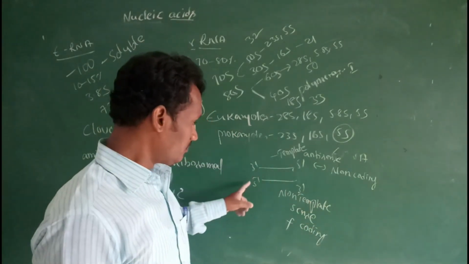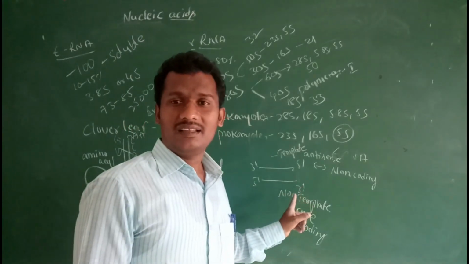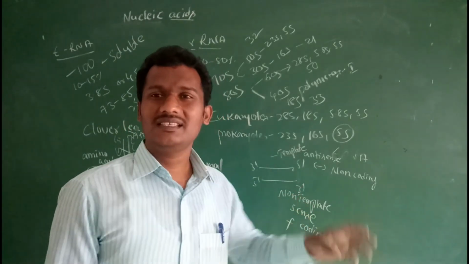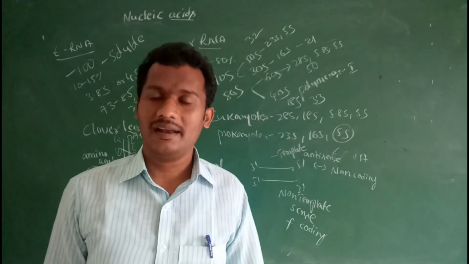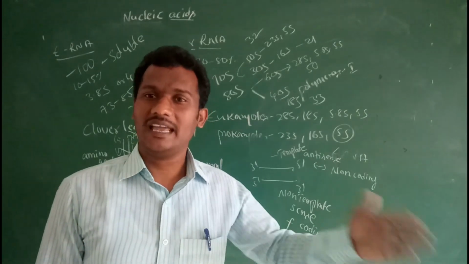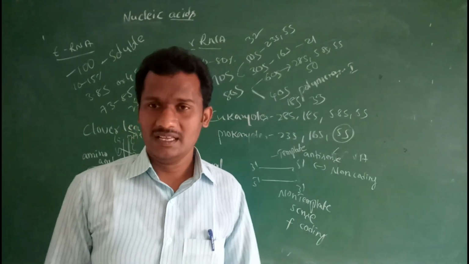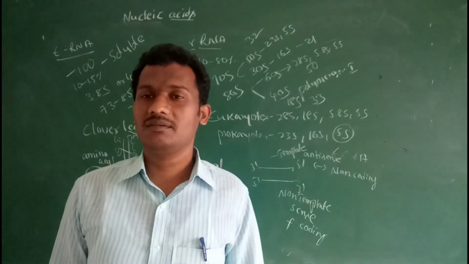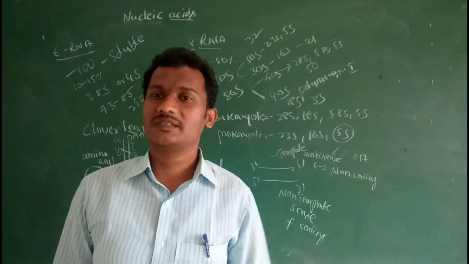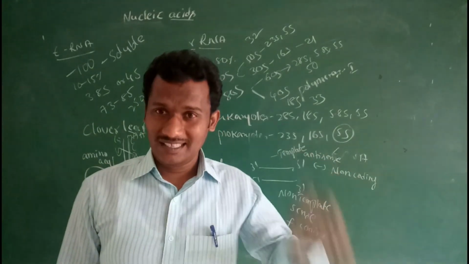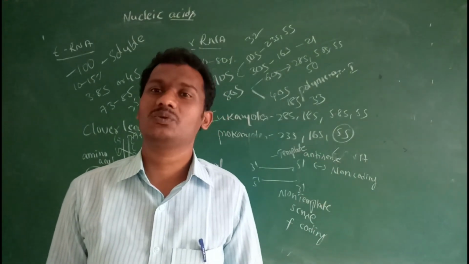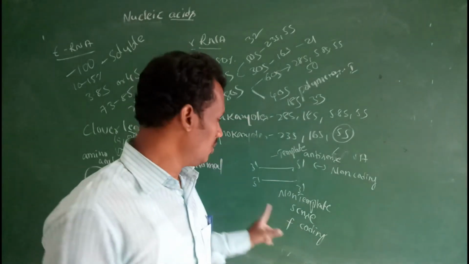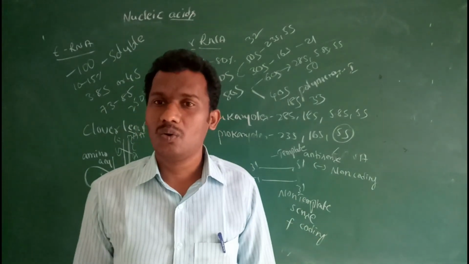That means in this strand the nitrogen base sequence is the same as mRNA, except that in RNA uracil is present instead of thymine, and the remaining sequence is similar. Three nitrogen bases code for a specific amino acid. These 3 adjacent nitrogen bases are known as a codon. So this strand contains the codons.